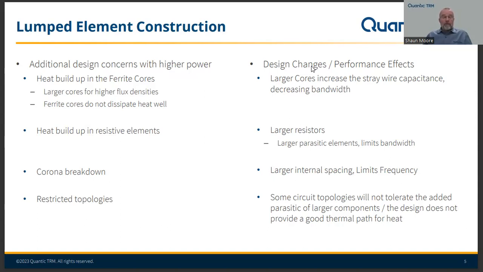Like I said, with lumped elements as well, there are certain topologies that, as soon as you get larger and larger with higher power, you certainly have to start really limiting your choices for what will function. Here specifically, I think, in addition to the distributed element discussion, the topology limitations are actually a little more severe than what we have for the distributed elements.